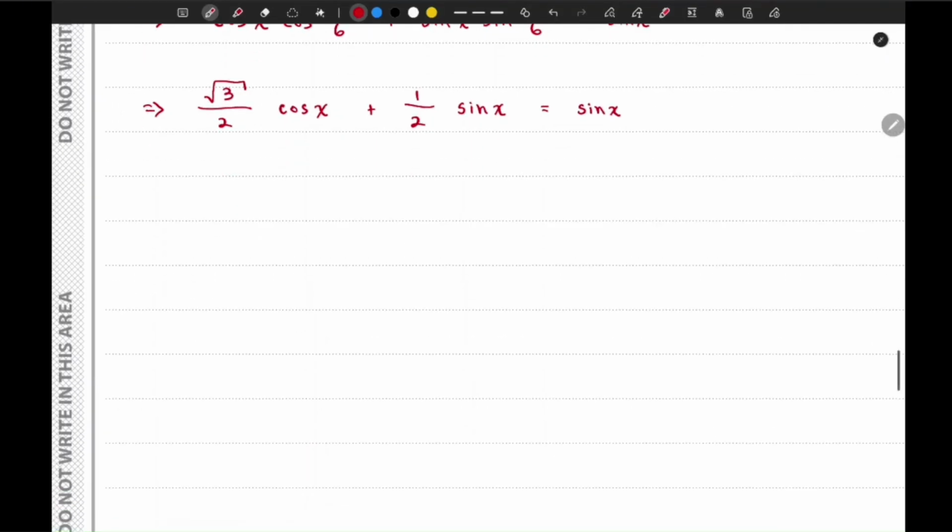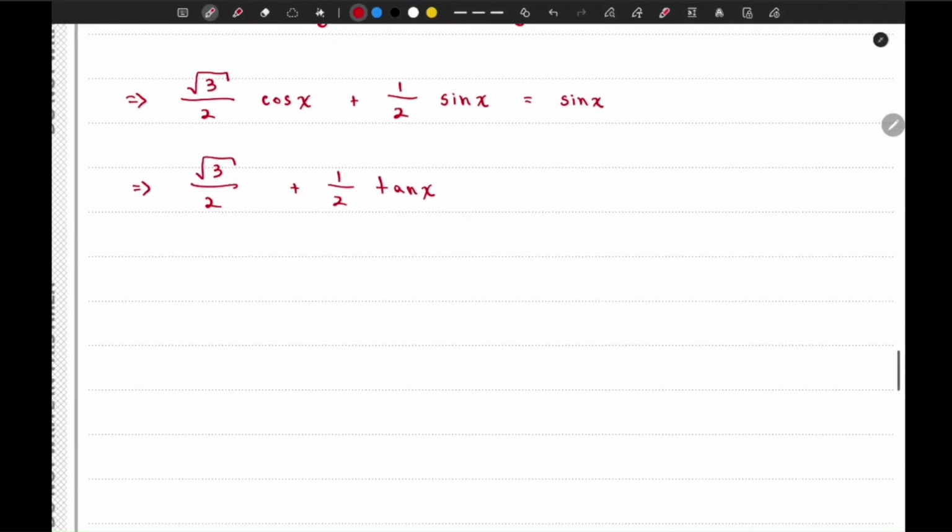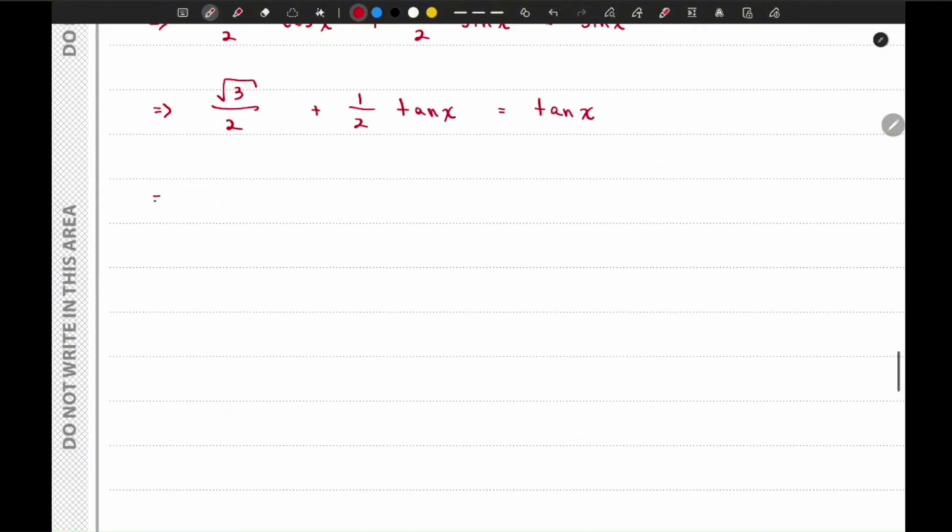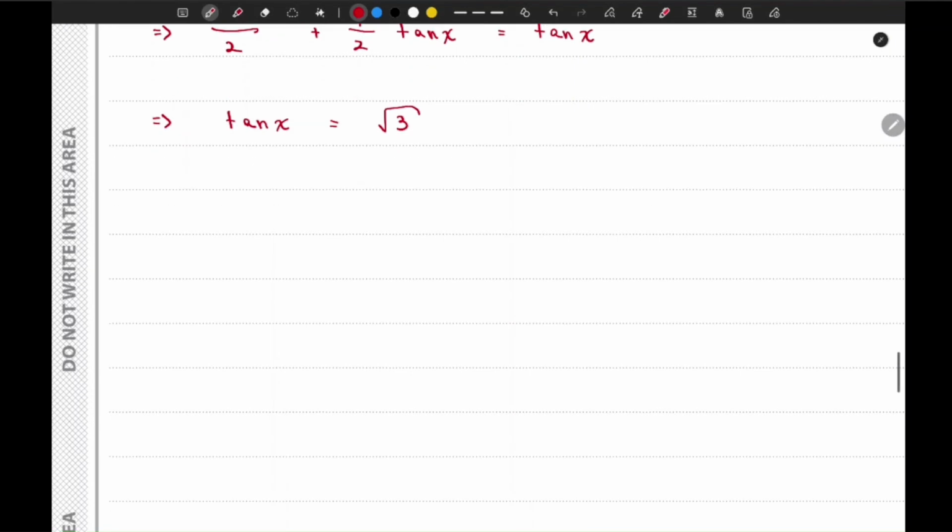Now if we divide this whole equation by cos x, we will get root 3 by 2 plus 1 over 2 tan x equals tan x, since we know that tan x equals sin x divided by cos x. Now if we make tan x the subject, we will get root 3. Now we need to solve this equation.